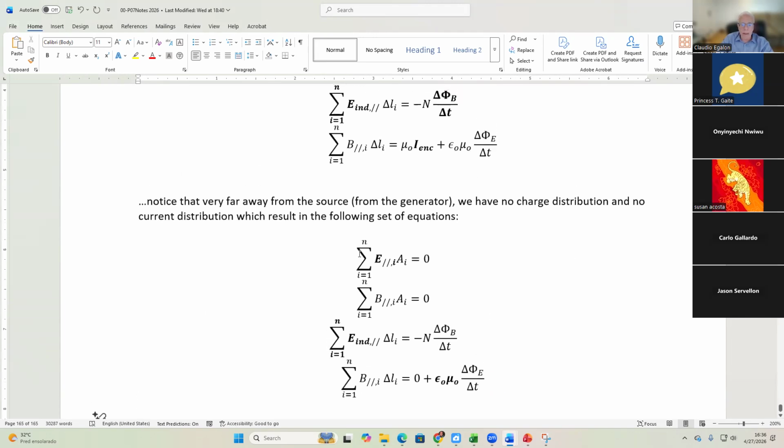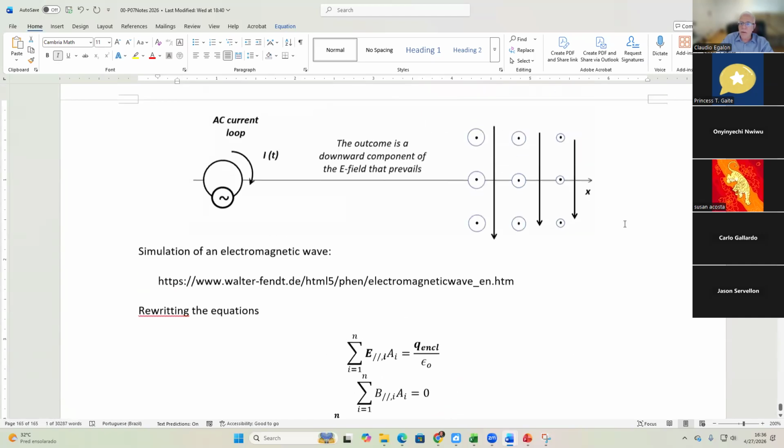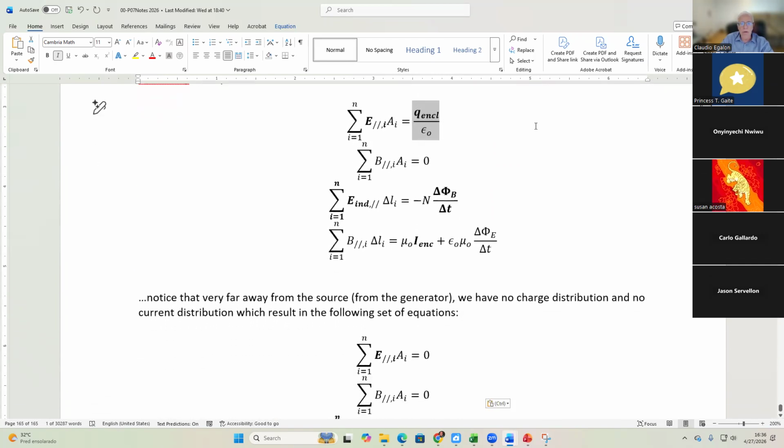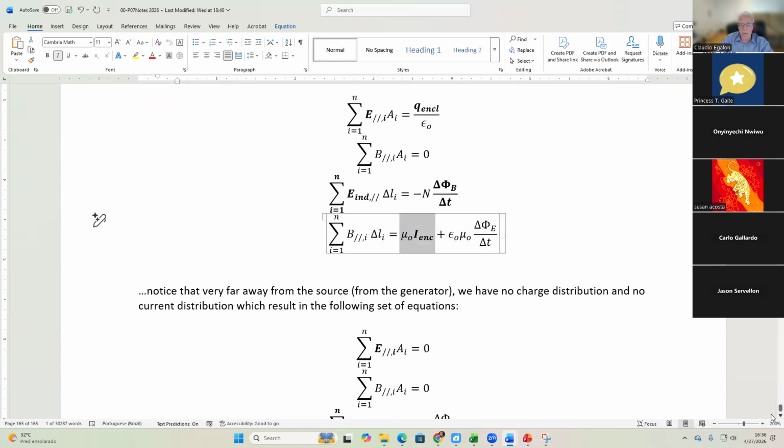The enclosed current is going to be 0. The enclosed charge is going to be 0. In this point here in space, there is no electric charge, no electric current. The current is restricted to the point where the source is located. So this term here becomes 0. This term also becomes 0, far away from the source.